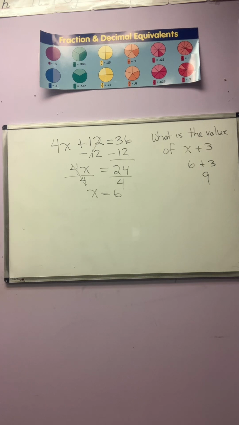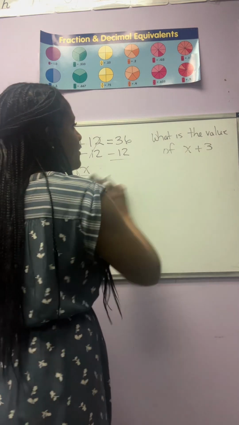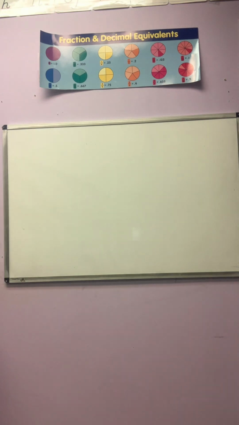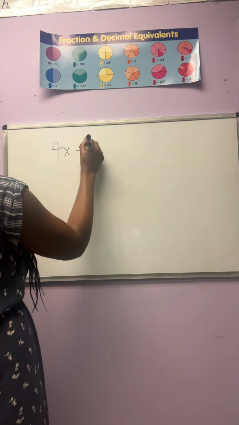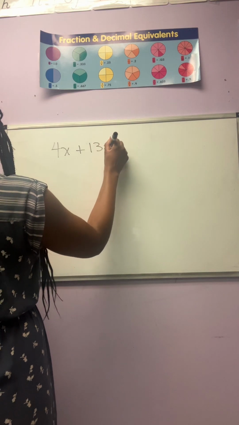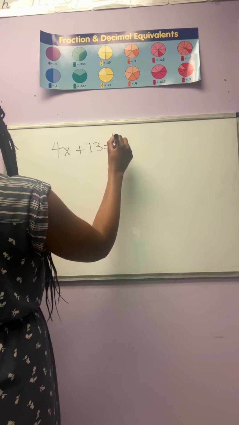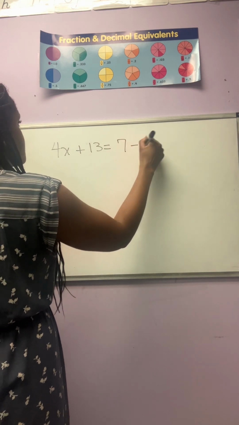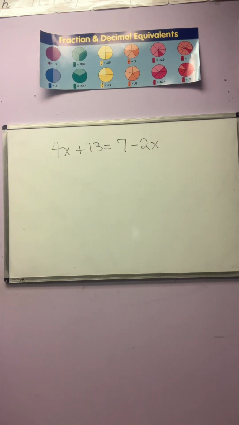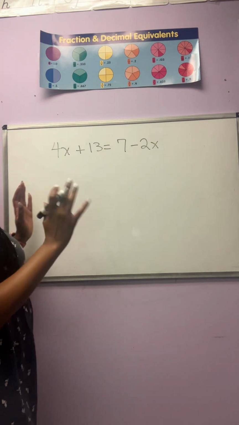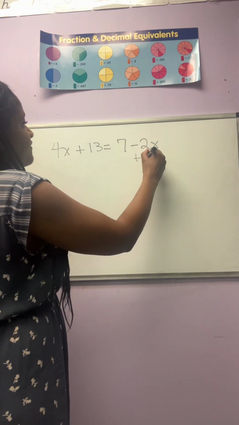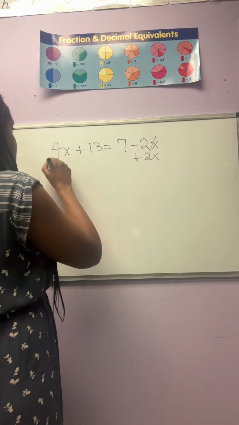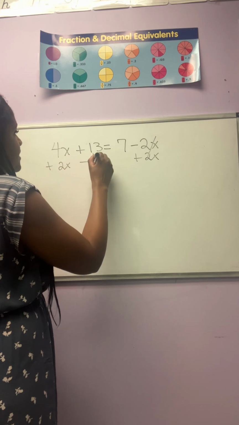So these have been pretty simple. Let me do one more. Since they have been so easy, you guys can pause the video and try it on your own. So we want variables on one side and numbers on the other side. I like my variables on the left and my numbers on the right.